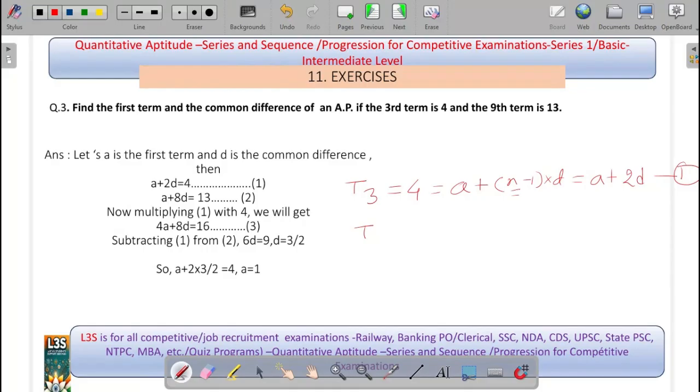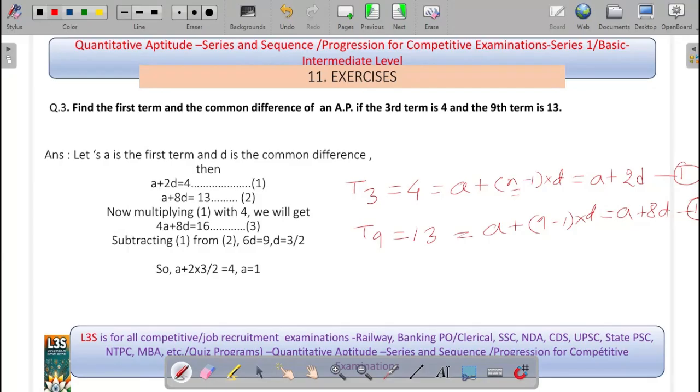Then the other is T9 equal to 13. That means n is equal to 9, so 9 minus 1 into d. a plus 8d equals 13. This is equation 2. Now with these two equations we can easily find out.